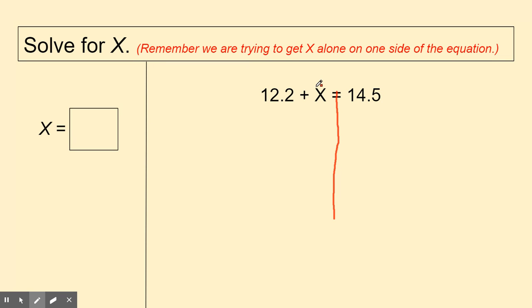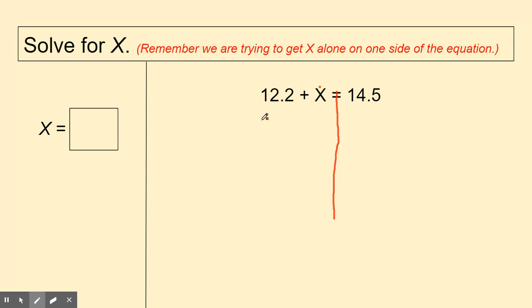So we want to try and get this x alone. So how am I going to get x alone? I'm going to use the opposite operation for 12.2. Well, 12.2, there's no negative symbol behind there, so I know 12.2 is positive.